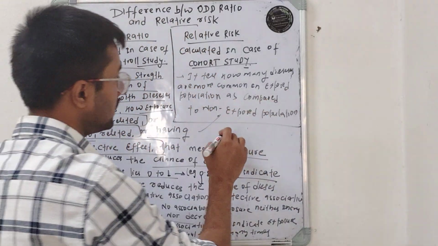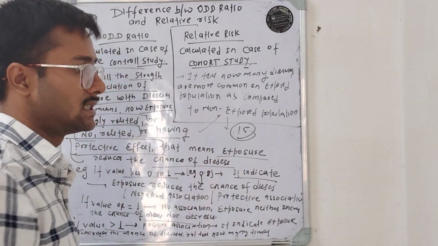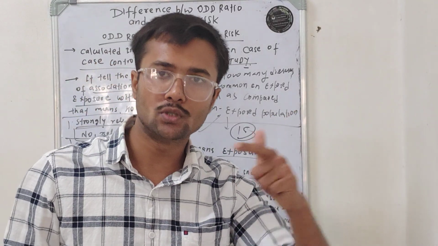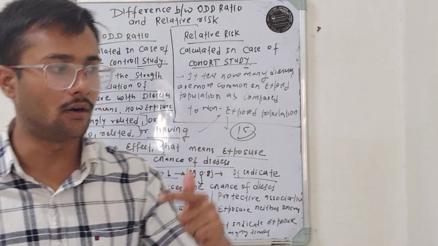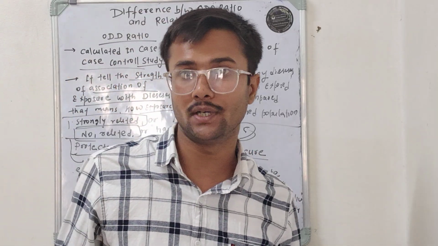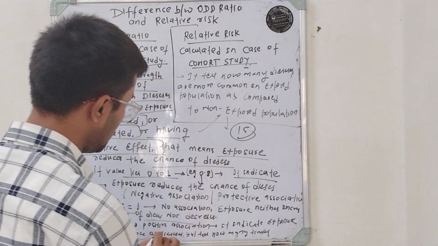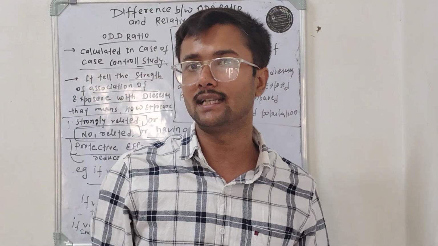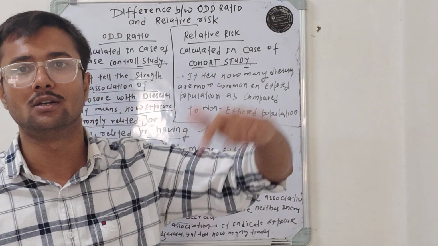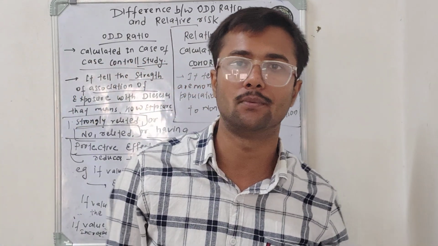For example, if a value comes around 15, this 15 indicates that the exposed population has 15 times more risk of developing the disease as compared to the non-exposed population. But if the same value, 15, comes in case of odds ratio, it does not tell that the disease is 15 times more common in the exposed population as compared to the non-exposed population.